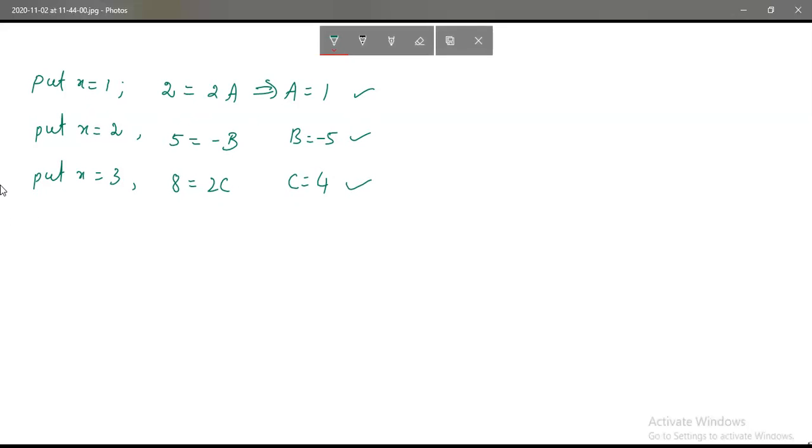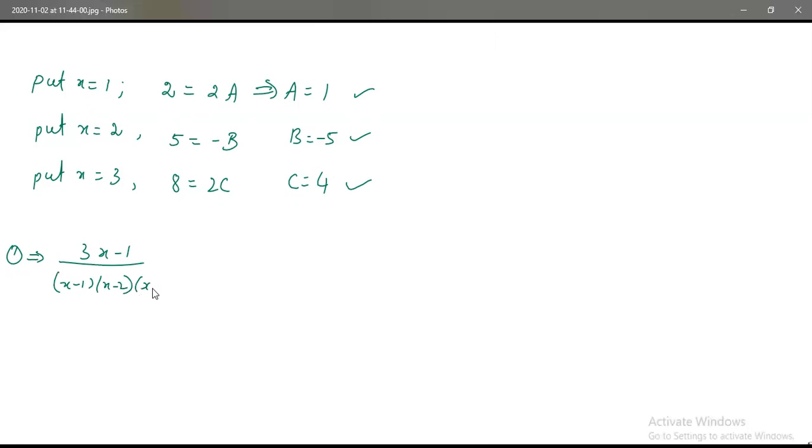So you can substitute in equation 1, which implies 3x minus 1 by x minus 1 into x minus 2 into x minus 3 is equal to a by x minus 1, right? So it is 1 by x minus 1, plus you have minus 5 for b, b by x minus 2, plus c by x minus 3, that is 4 by x minus 3.